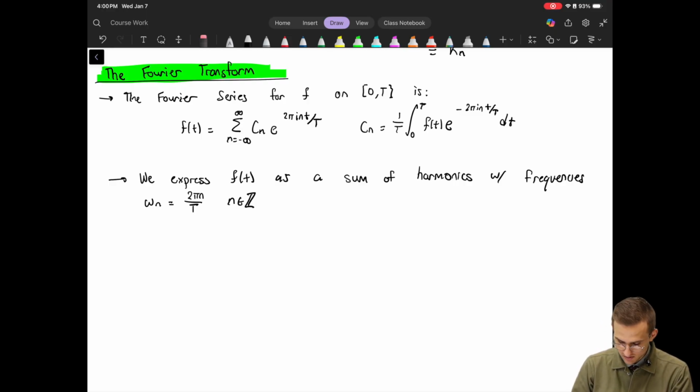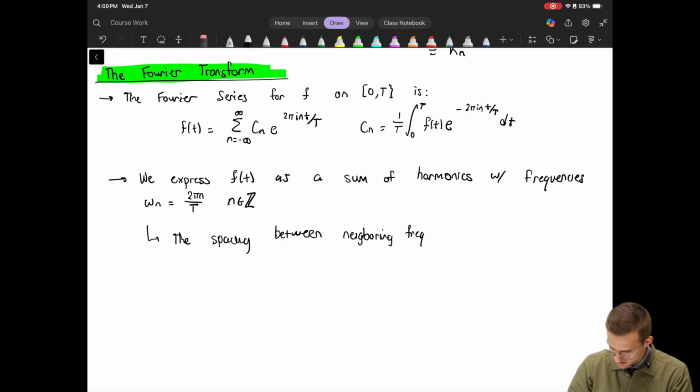Okay, so the spacing between neighboring frequencies is 2 pi over t, right? Because we're just scaling by n every single time.